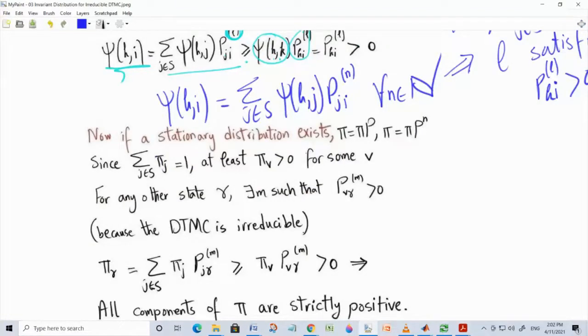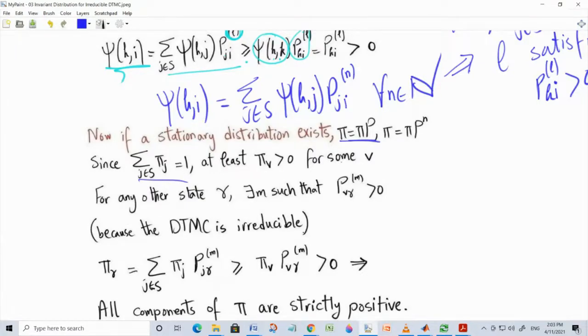So now let's do the converse. Let's say that I give you an irreducible Markov chain, and we are sure for some reason that it has a stationary distribution. Now, what can we say about the states? So there exists a stationary distribution, and it will satisfy the eigenequation of not just P, but any power of P. Don't forget that the sum of the components of pi will be equal to 1.